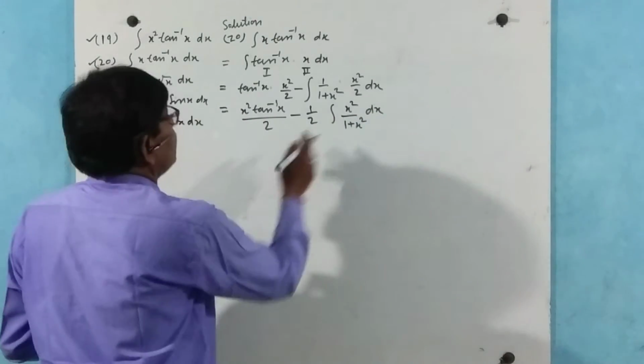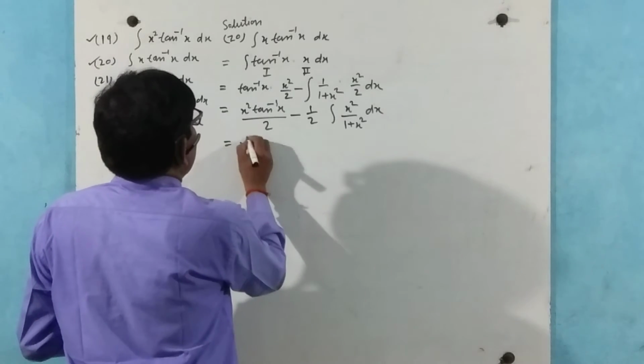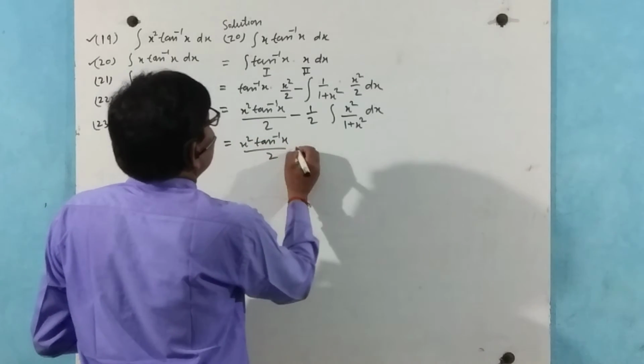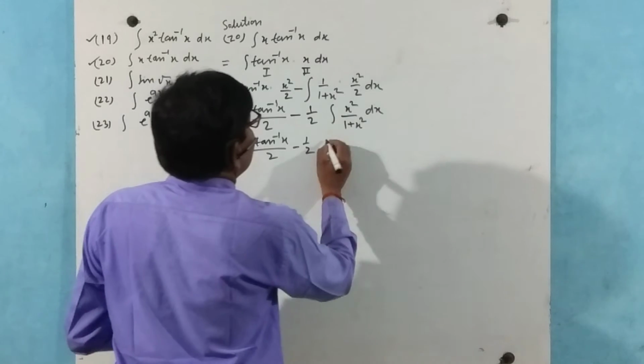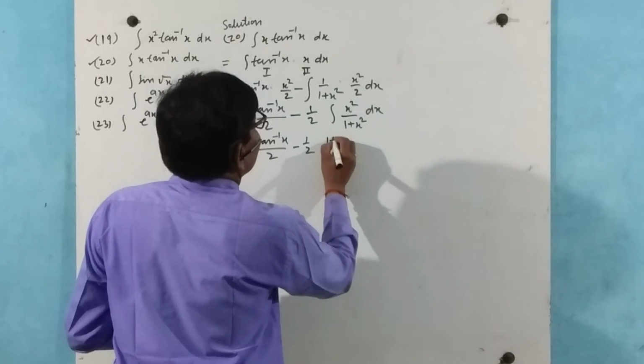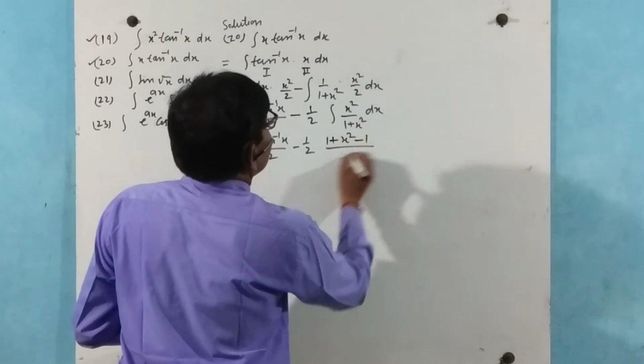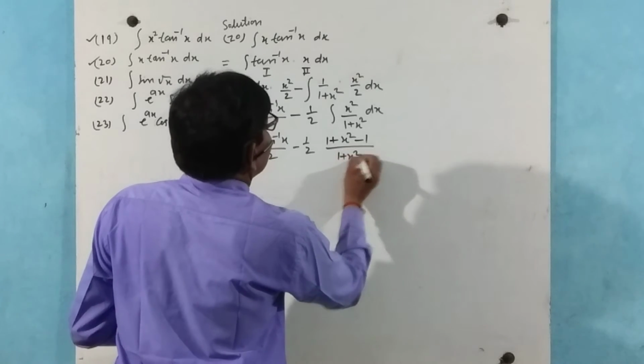We can arrange this: x square tan inverse x by 2 minus 1 by 2 times the integration of x square by 1 plus x square.